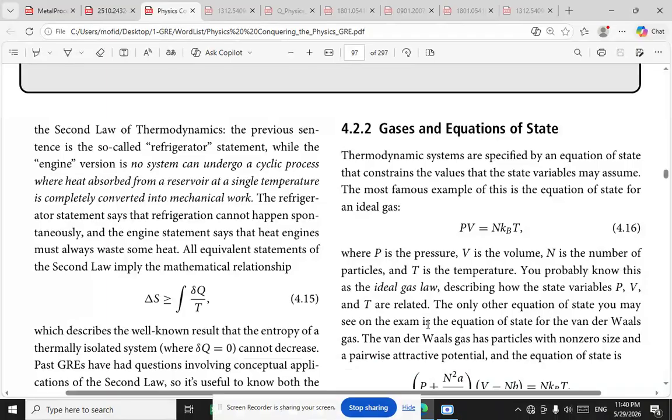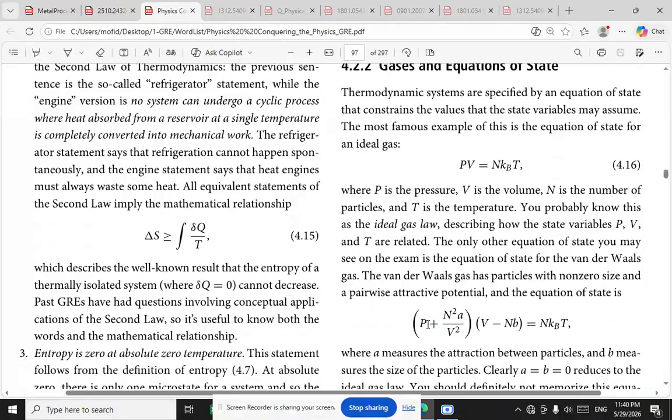The only other equation of state you may see on the exam is the equation of state for the van der Waals gas. The van der Waals gas has particles with non-zero size and a attractive potential.